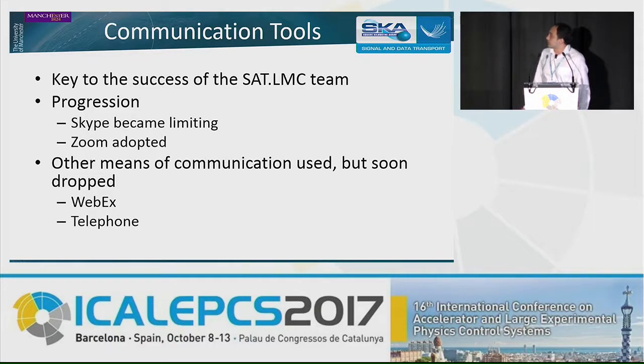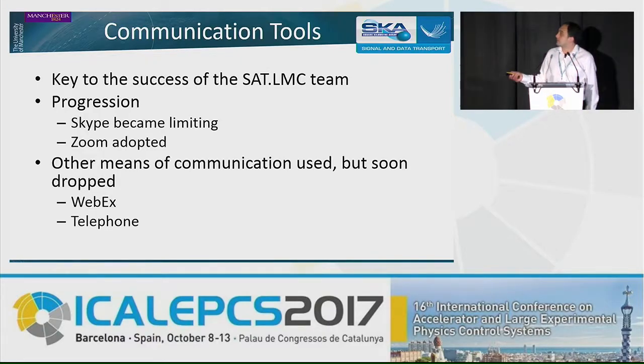So moving swiftly on to our team, we are very much a globally distributed team, which the next slide will show. We chose Skype as our means of communication for a number of years. It was very effective, allowed us to do screen sharing, audio quality was very good. But within our consortium over the past few months, we've acquired a license for using Zoom.